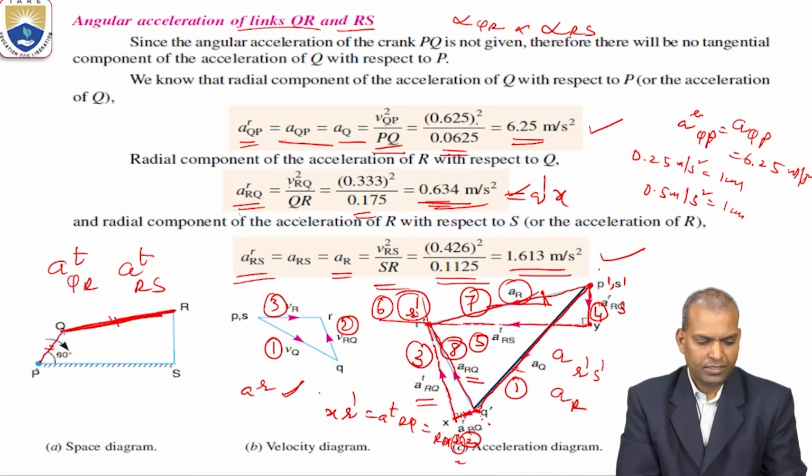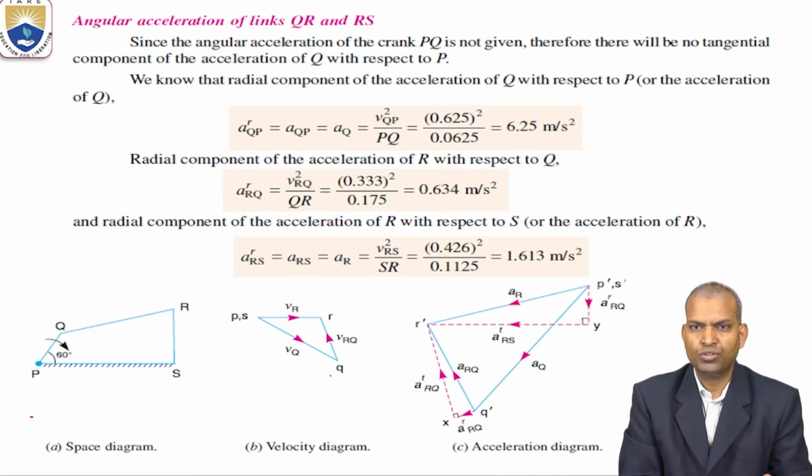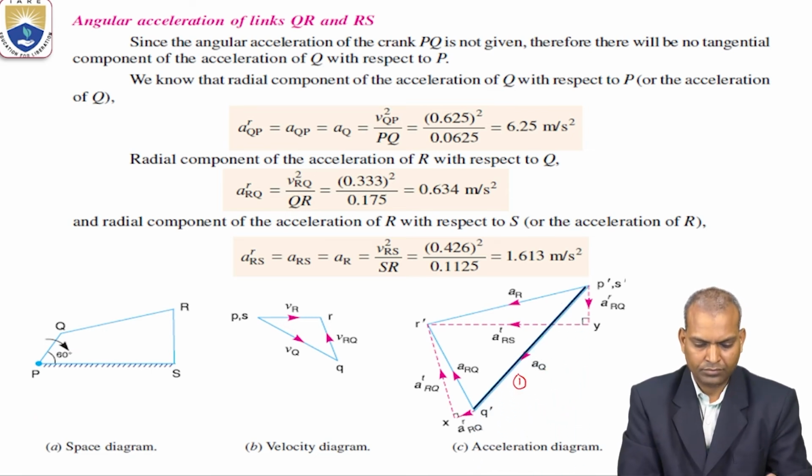Again I am showing you here. First step I am going to show you here. This is step 1, the known values of AQ. This is the second step, that is RQ. Next, the third step is ATRQ.